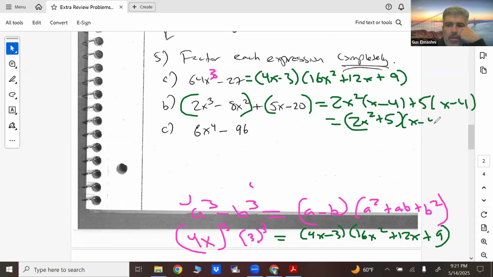And that's it. And for C, you factor out 6, and then you can break that down further. Oh, sorry, x to the 4th. My apologies.